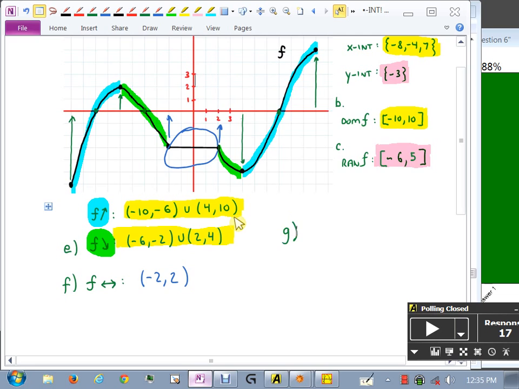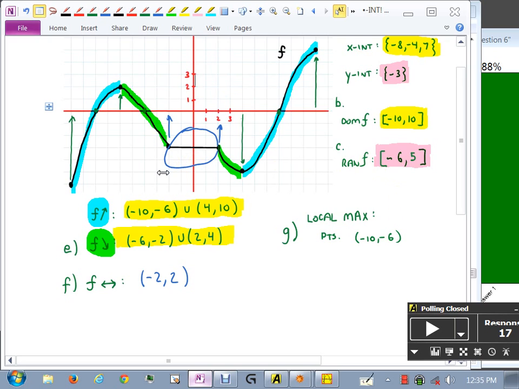So tell me where I have any local maximums. At what points? Negative 10, negative 6. So these are points, right? Negative 10, negative 6. Where else?